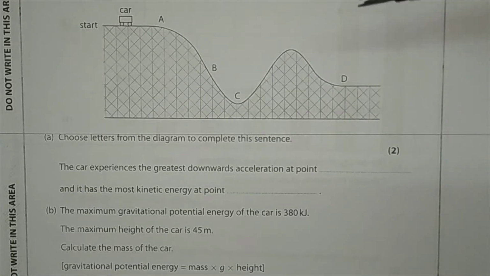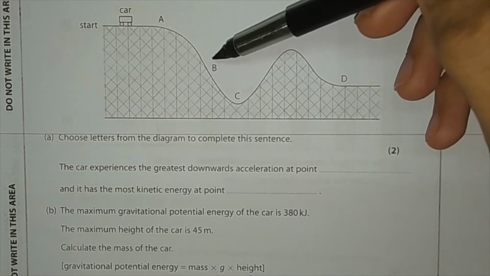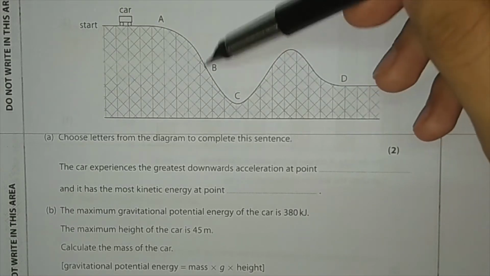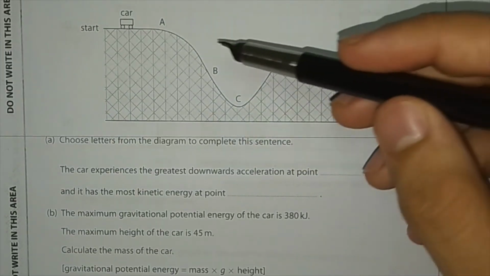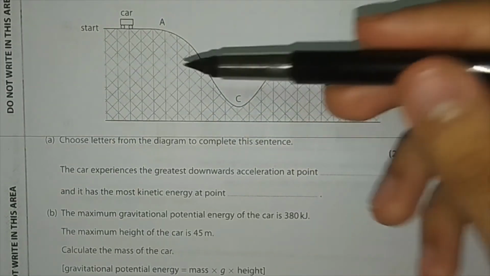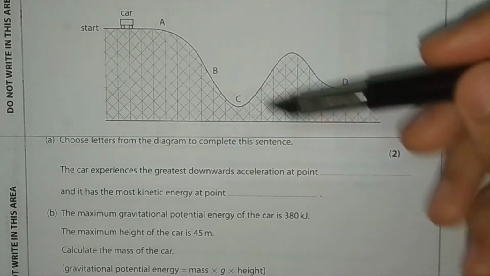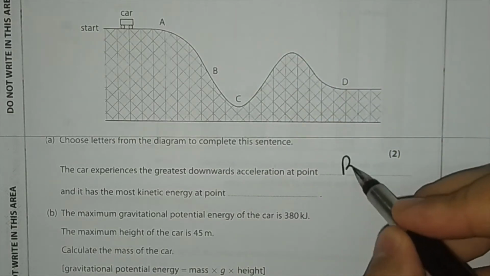Here we can see the steepest position is this part, and it has a letter over here which marks that. And the fastest downward acceleration, where the car is accelerating most in the downwards position, it is obviously B, because it's the steepest downwards. B.